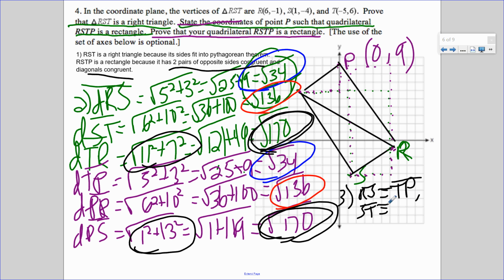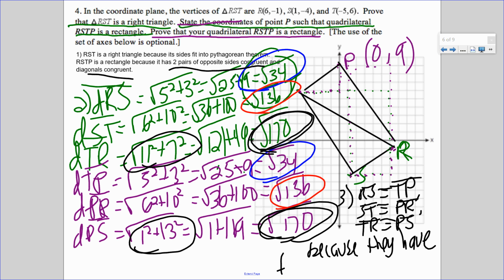ST is congruent to PR. TR is congruent to PS because they have the same distance.